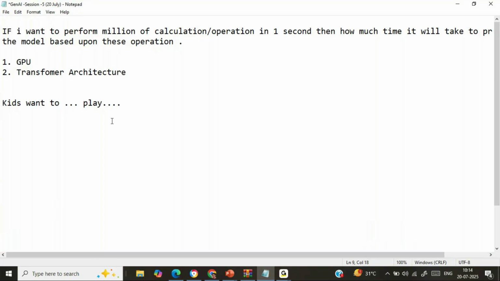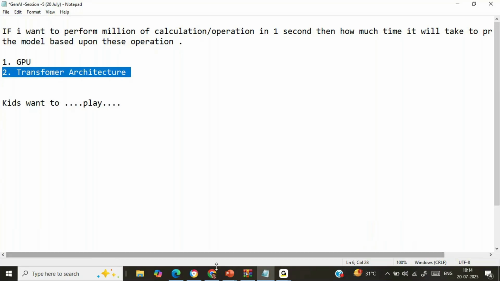Okay, kids want to study. So there might be a number of variations, but how is the transformer architecture able to predict nearest to the correct one, nearest to the real answer? How this is possible, that we are going to understand, what exactly is happening inside the transformer architecture.